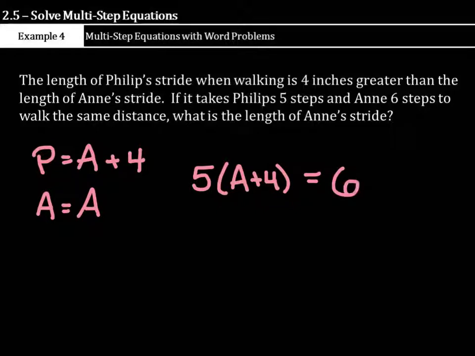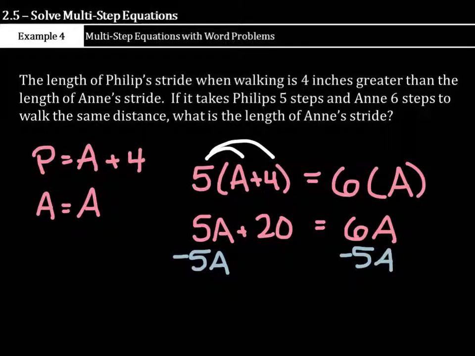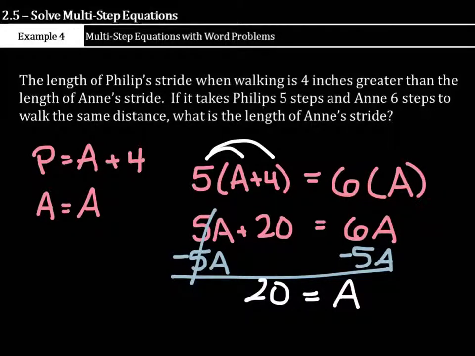But she takes 6 steps, and each of her steps are A. Go ahead and distribute. 5 times A is 5A, plus 5 times 4 is 20, equals 6 times A is just 6A. Subtract 5A from both sides, and 20 equals Anne's stride, so 20 inches.